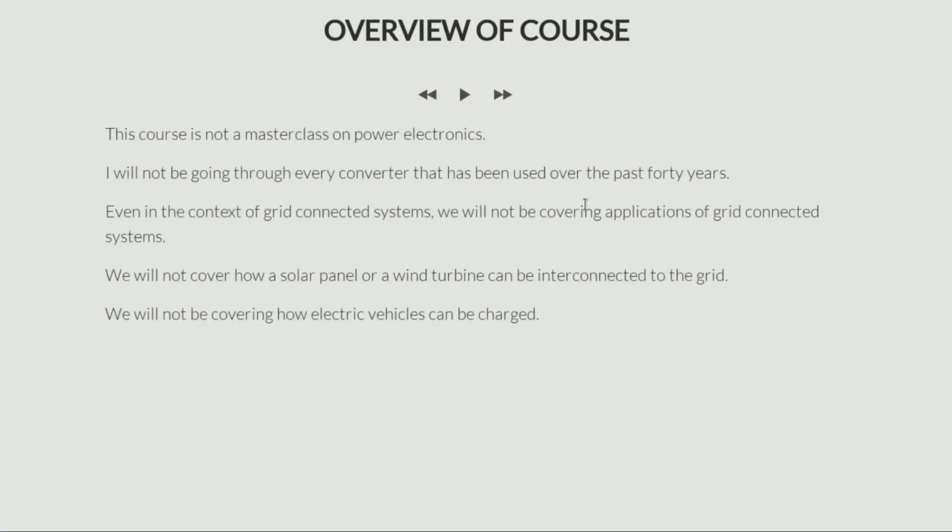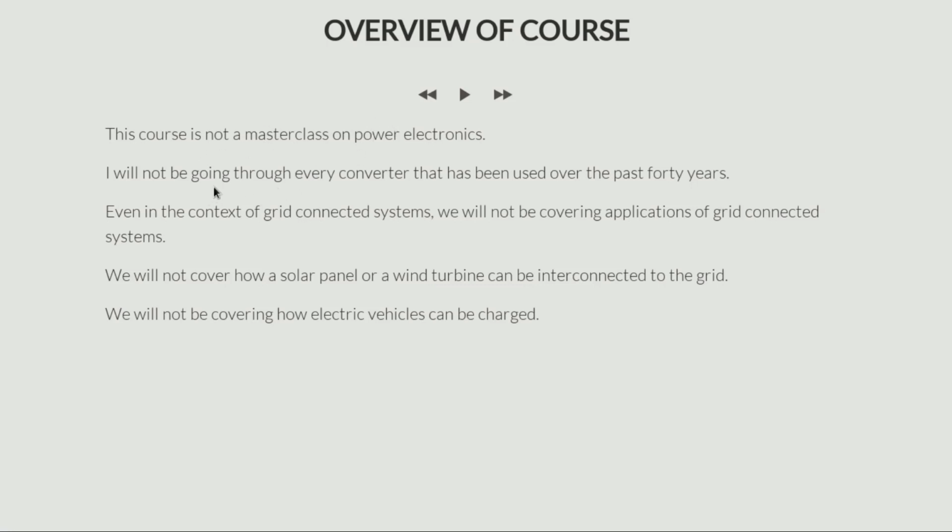So to begin with, this course is not a masterclass on power electronics, right? I do not believe in creating A to Z masterclasses. I do not like courses which cover every aspect of a particular topic, but not going into depth. I like courses with depth. I go deep into a particular subject. That is what I like to do. So this is not a masterclass on power electronics.